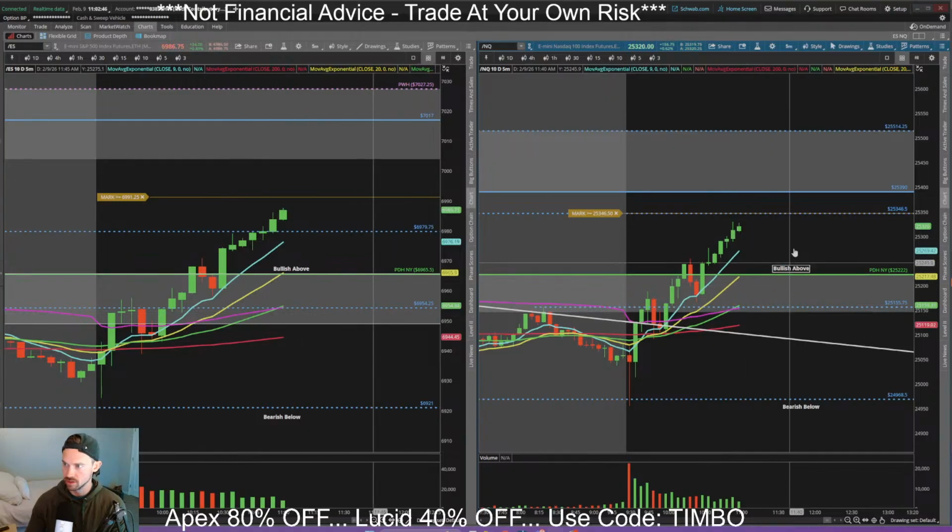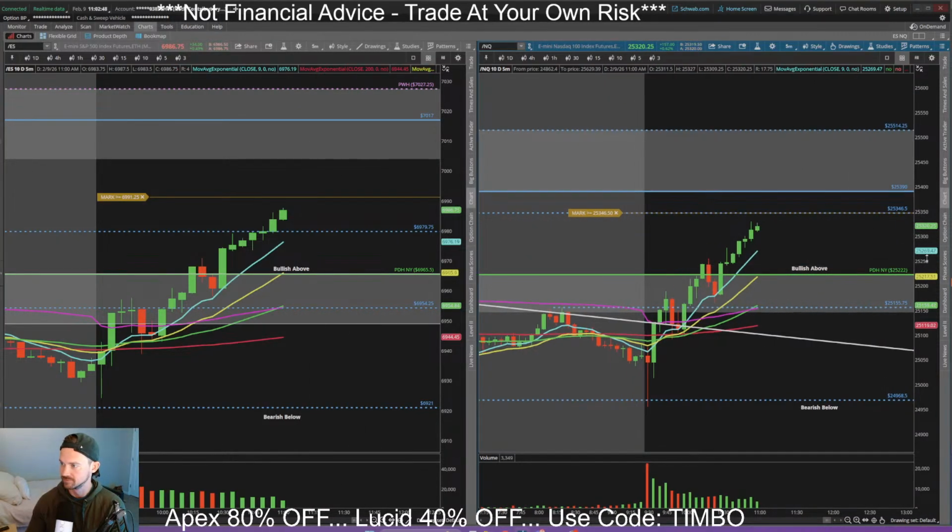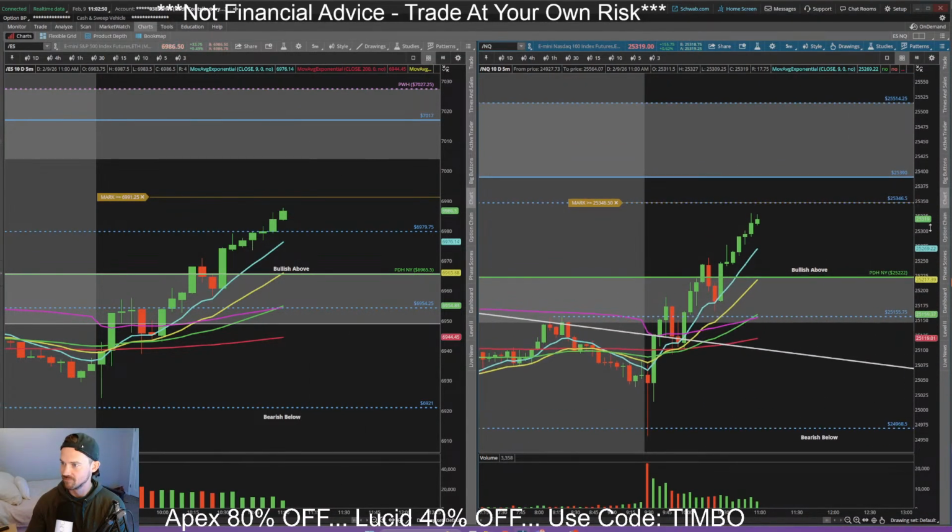Should have held my runner. It's the whole point of holding a runner, so you can just let it go. I got a little tight with it maybe there. Even trailing the 5-minute candles right now, you'd still be in the trade.